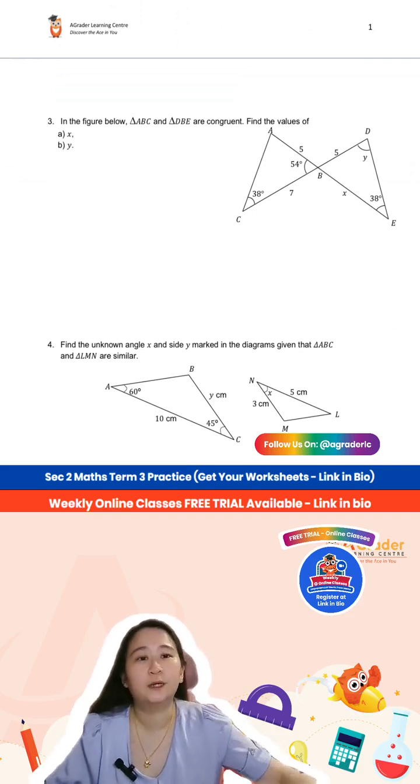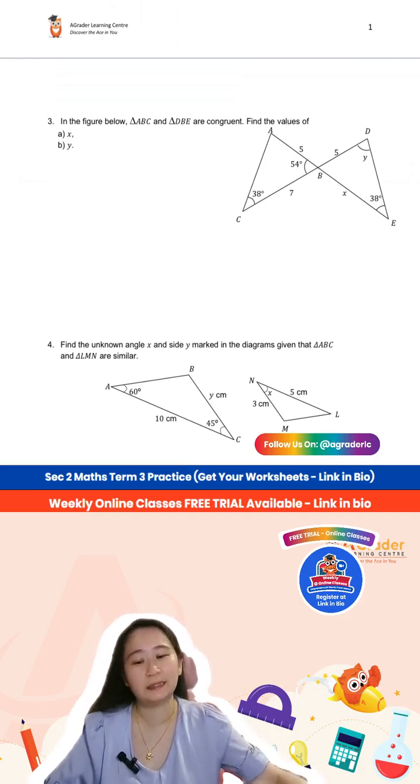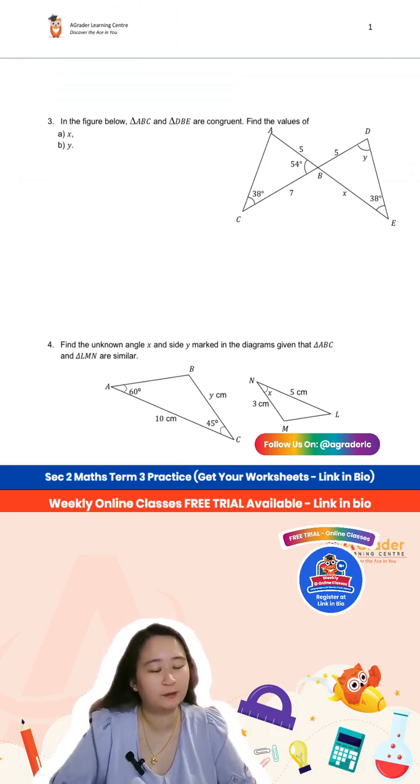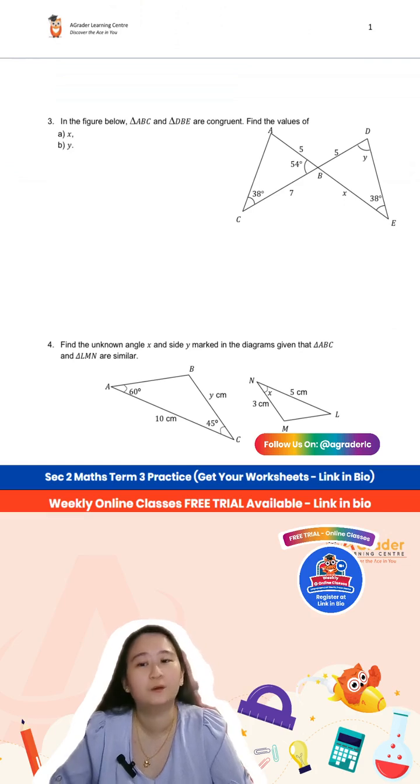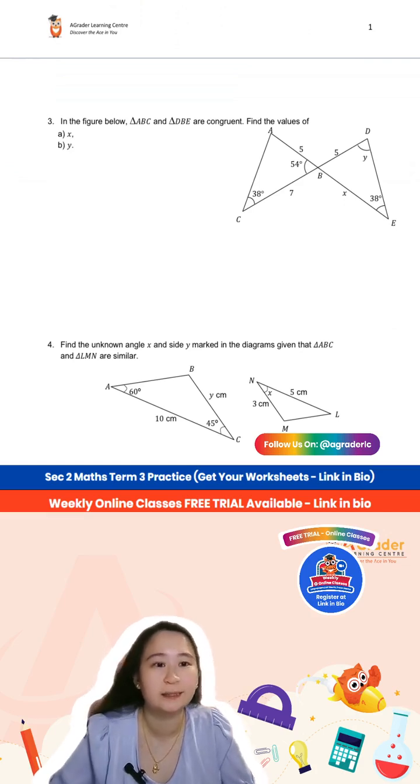So congruent triangles means two exactly the same size and shape triangles. So all the angles, or rather all the corresponding angles must be the same.